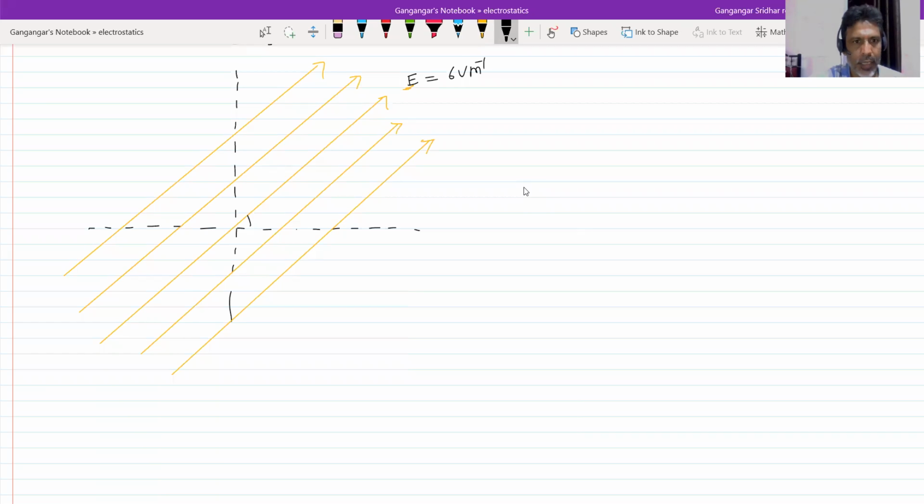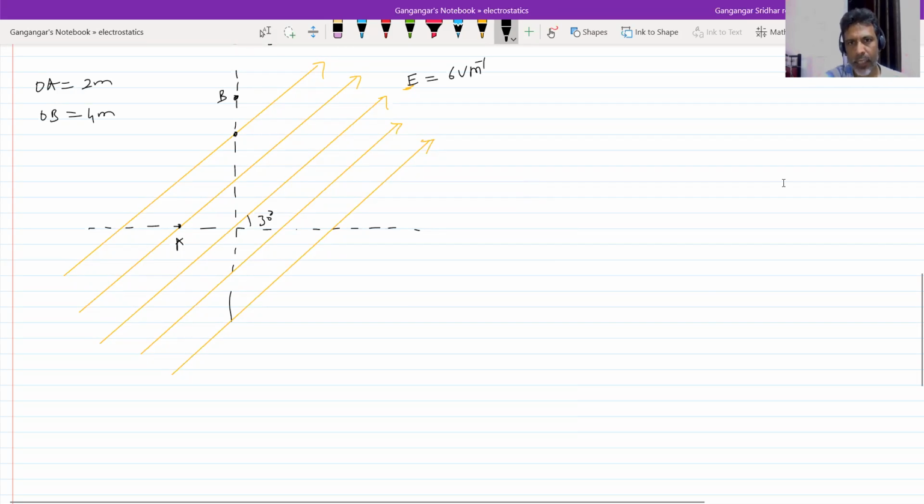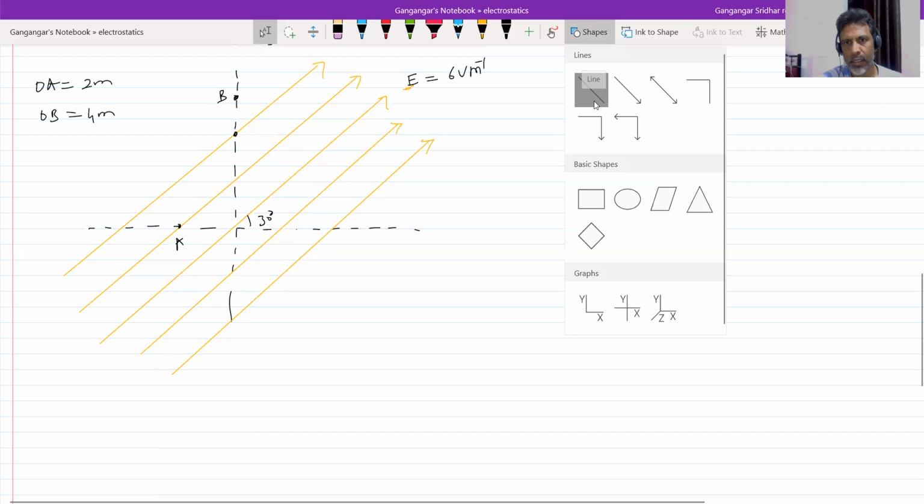This angle, let it be 30 degrees. I want the potential difference between point A and B. And let me give the distances. This OA is 2 meter, OB is 4 meter. And the field does exist at B also. I'll draw a few more lines.